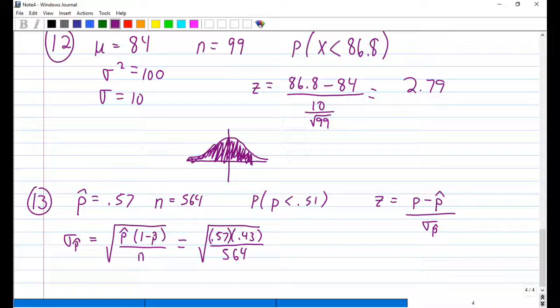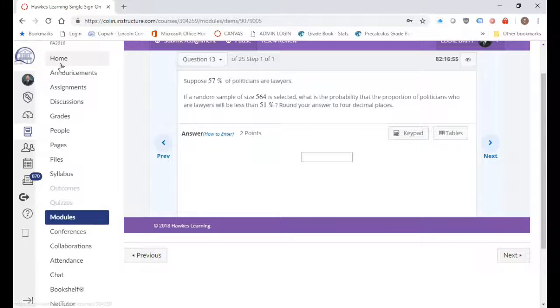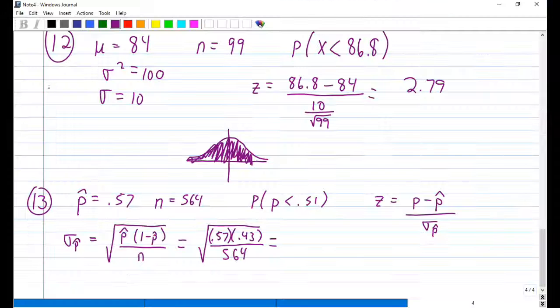If you do all of that in the calculator, this is where you should make sure that you don't round this too far. Let's look at our final answer. We want our final answer rounded to 4 places. So if I want to round a final answer to 4 places, I want to make sure that the numbers I'm going to use to get to that answer are taken out more than 4 places.